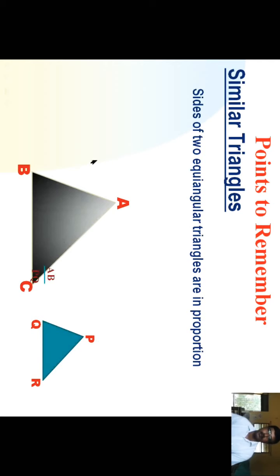I mean to say, AB and PQ are the two corresponding sides, then BC and QR are also the corresponding sides, and the third side is AC and PR, and also in the same ratio, that is, the three sides are in proportion. This is the only previous knowledge that we have to remember to prove Pythagoras theorem.